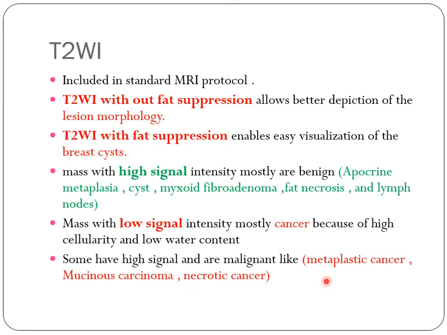But a mass with a low signal intensity in T2 weighted image is mostly malignant or cancer because of high cellularity and low water content. Some have high signals and are malignant, like metaplastic cancer, mucinous carcinoma, or necrotic cancer.